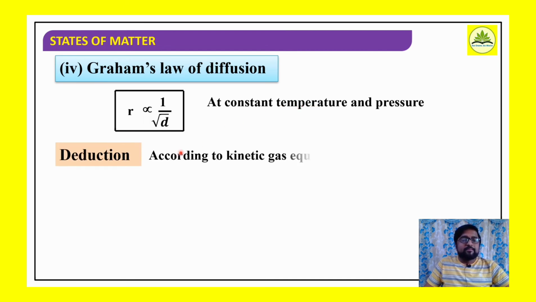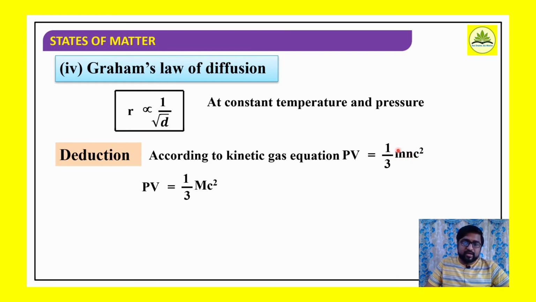Now let's consider the deduction of Graham's law of diffusion according to the kinetic gas equation. We know that according to the kinetic gas equation, PV is equal to 1/3 mnc², or else PV is equal to 1/3 mn c², where m indicates the mass of each particle and n indicates the number of molecules.